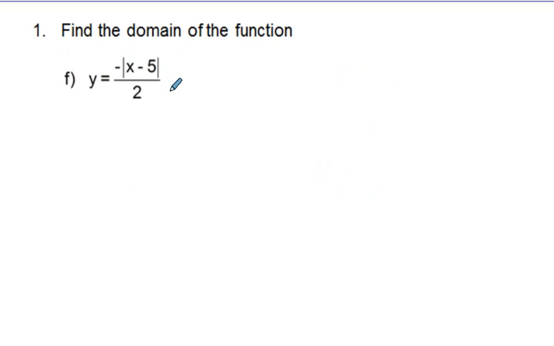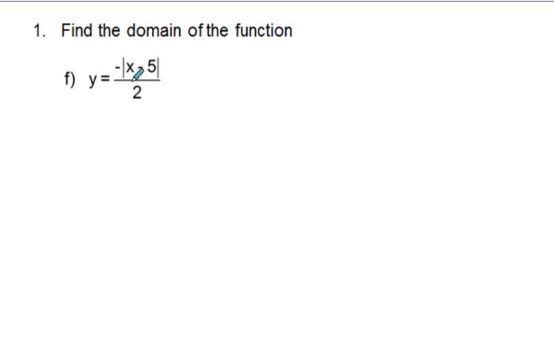Next, F. We have y equals the negative of the absolute value of quantity x minus 5 over 2. When we consider this absolute value function, or any absolute value function, do we have any limitations to the domain, such as like an irrational function or a square root function? No, we don't.